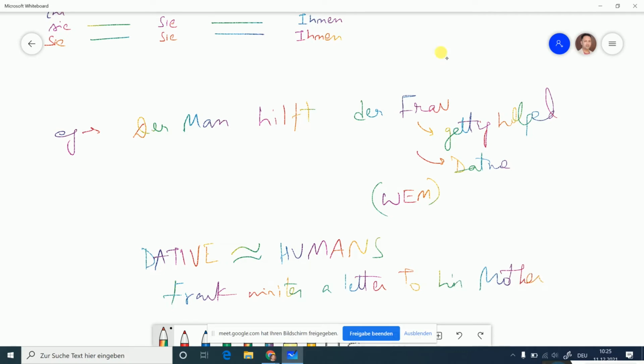In most of the cases there is one human being associated in the sentence, and that human being is most likely going to be in dative case. In this case, his mother would be replaced by der Mutter.